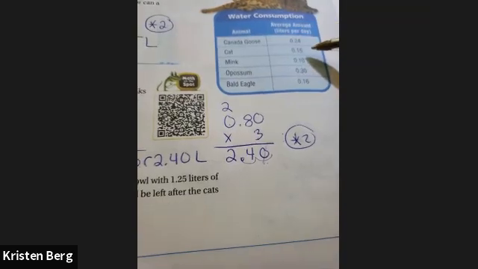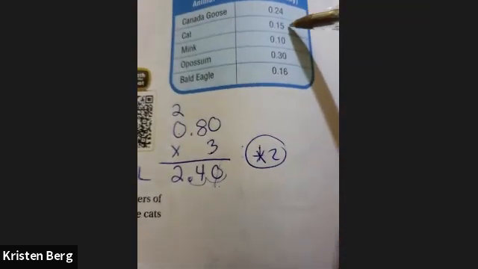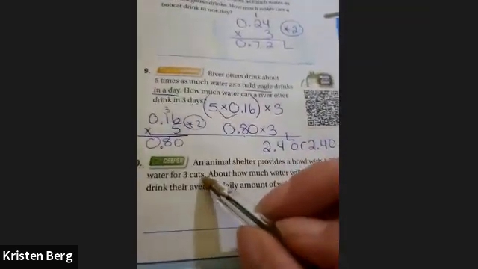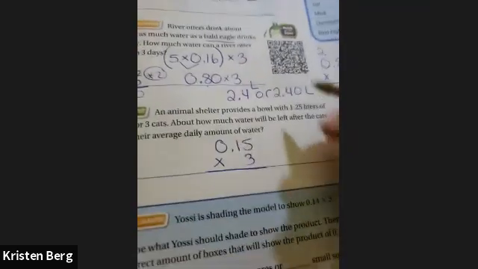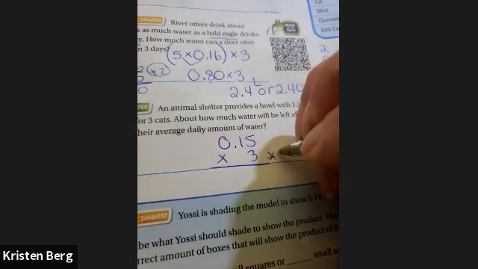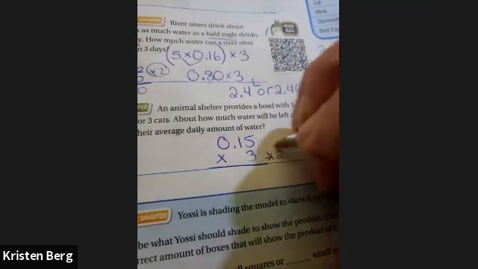So if you come over here and you look for cat, oh, here it is. Average cat, just one, does 15 hundredths of a liter a day. But we don't just have one, we have 3. So now we have to do 15 hundredths times 3 to figure out what they would drink in a day. So you would times that by, make sure you say, I need to move it over 2 places.